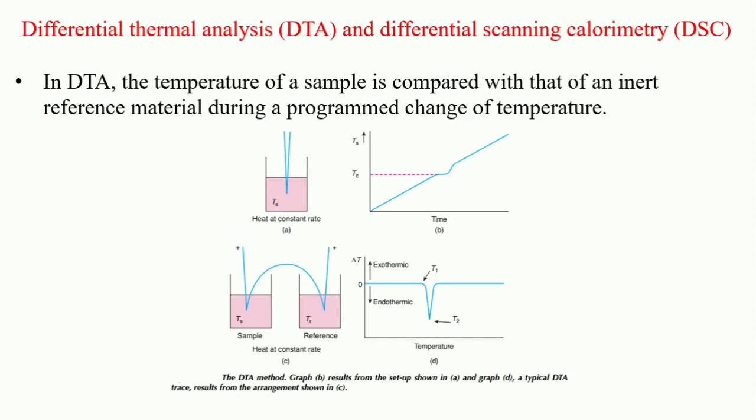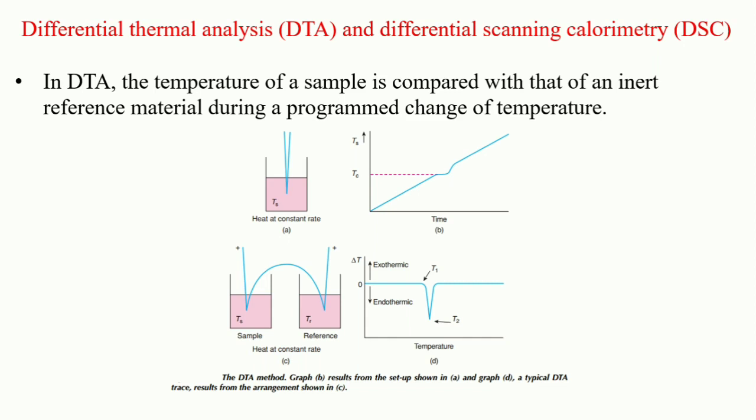So the next is differential thermal analysis, DTA, and differential scanning calorimetry, DSC. In DTA, the temperature of a sample is compared with that of an inert reference material during a programmed change of temperature.